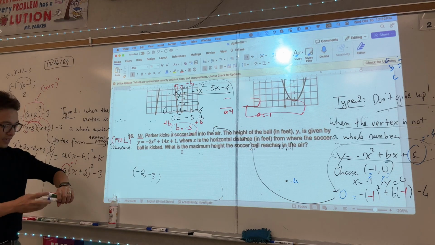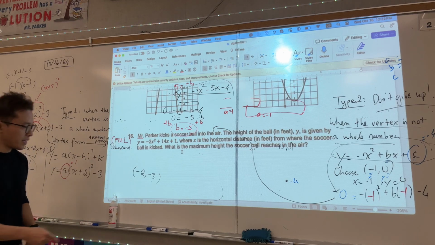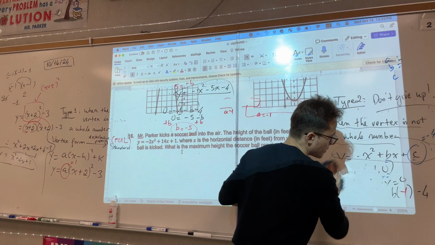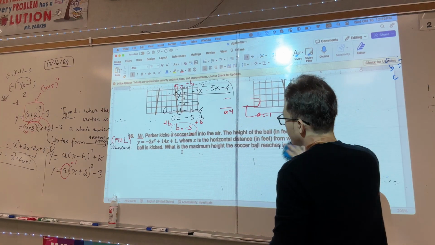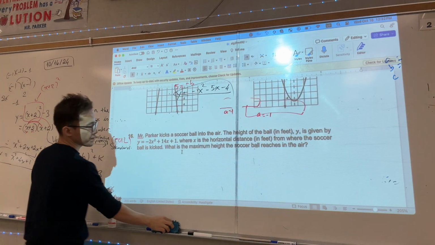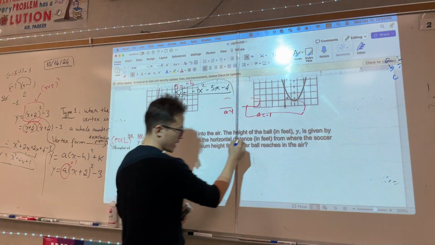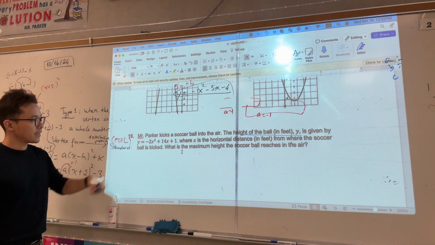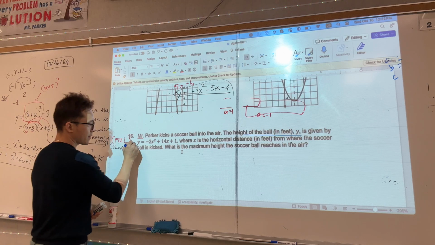Okay. Who can help me underline the important information? Underline the important information here. Okay, now Vanessa, let's go. Highlight the height of the ball in feet. Y is the height. You need to know what Y represents. Given by, you have to highlight this.